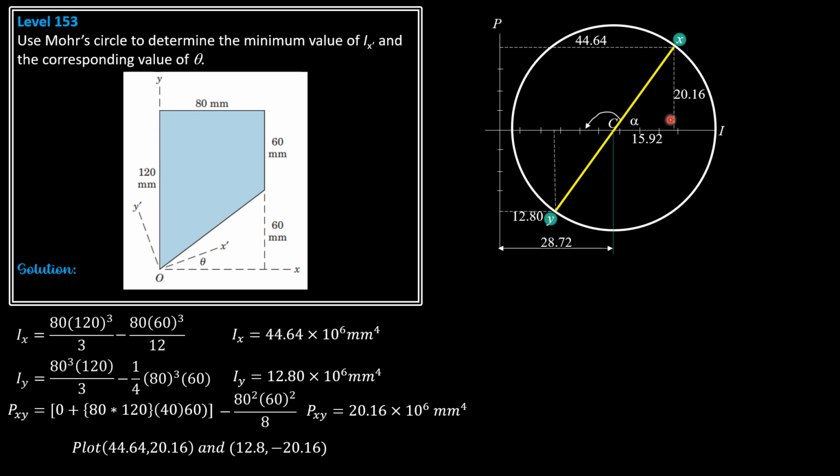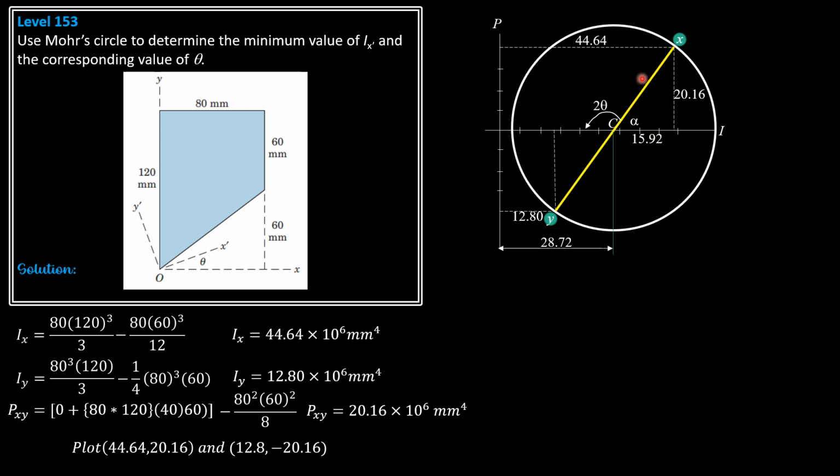Let's call this alpha, and this is 2 theta, which is counterclockwise from the x-axis to the x prime axis. 2 theta is equal to 180 degrees minus alpha, and alpha is arctan of 20.16 over 15.92.